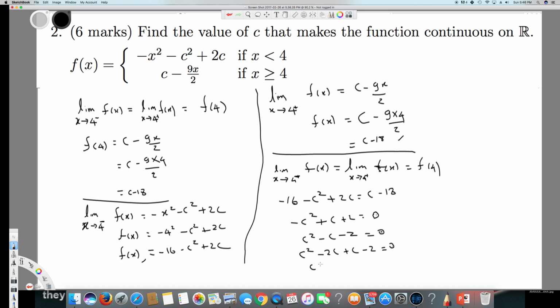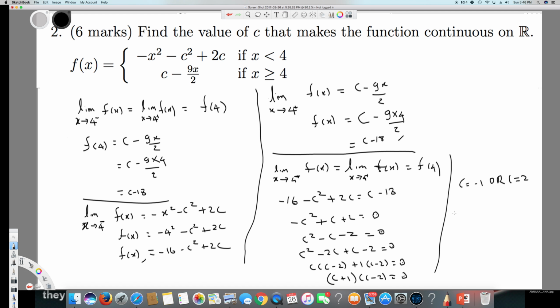Let's take c common here: c minus 2, and here plus 1 times c minus 2 equals 0. So (c plus 1)(c minus 2) is equal to 0. Therefore we know c is equal to minus 1, or c is equal to 2.